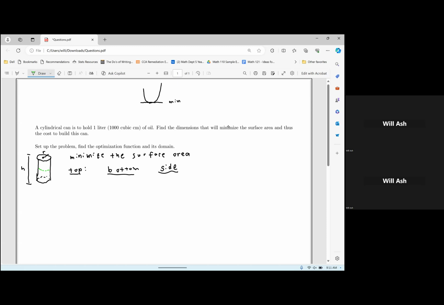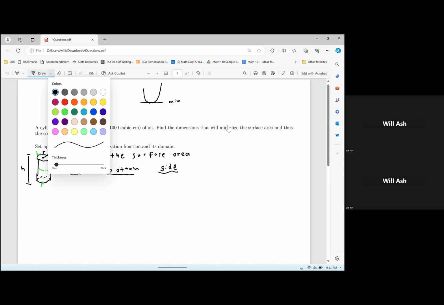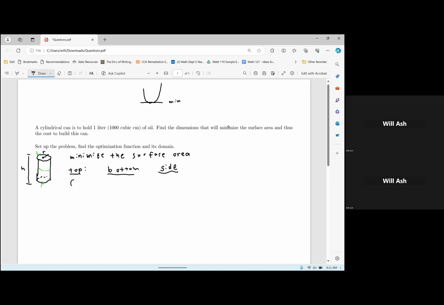The top and the bottom, we can take a look, right? They're just circles. And the area of a circle with radius r is just pi r squared.